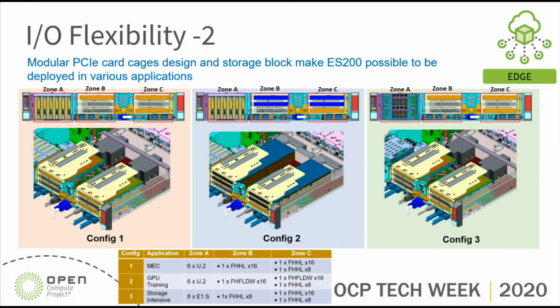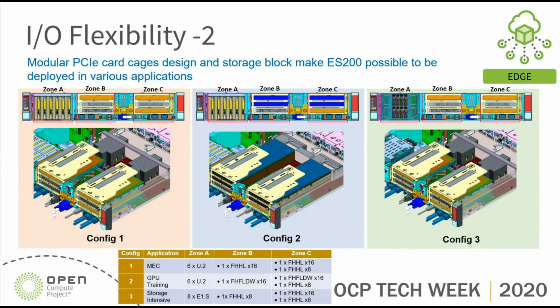The second I/O flexibility is that the PCIe card cage is designed to be very modular. Combining with the storage block makes the ES200 highly adaptable to be deployed in many kinds of applications. So you may find we have three kinds of configurations for the ES200 design.